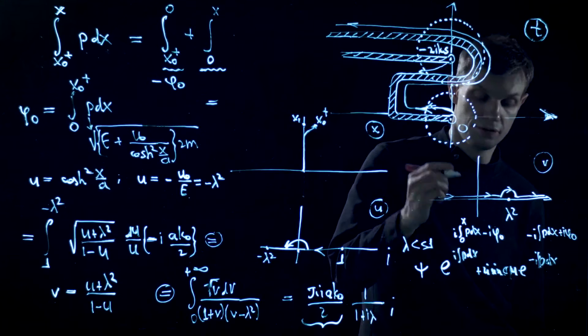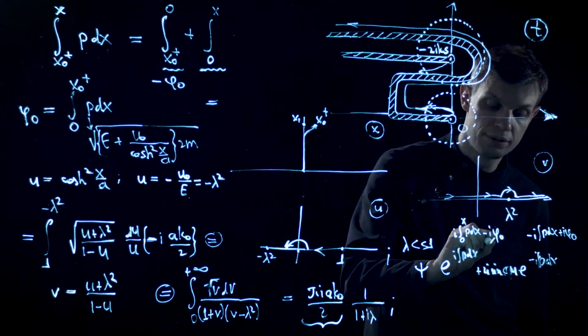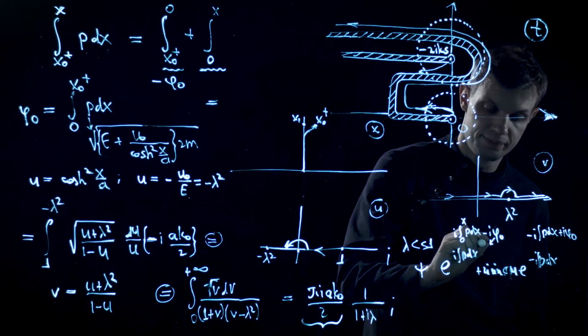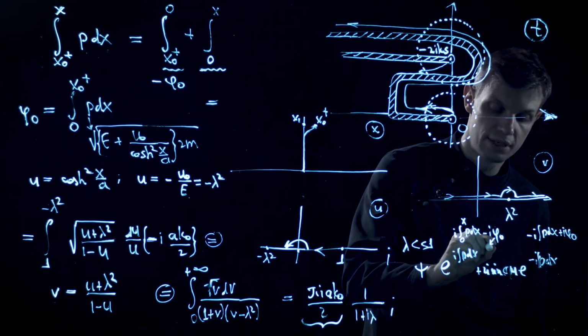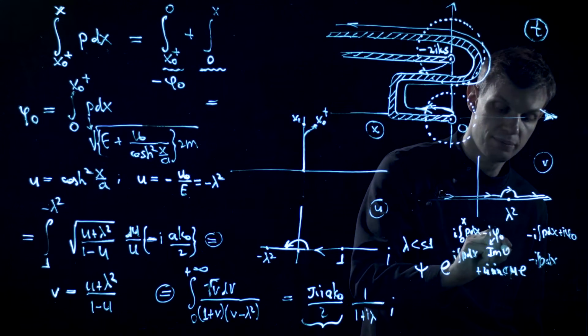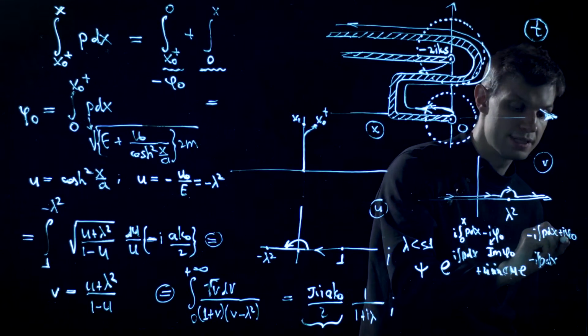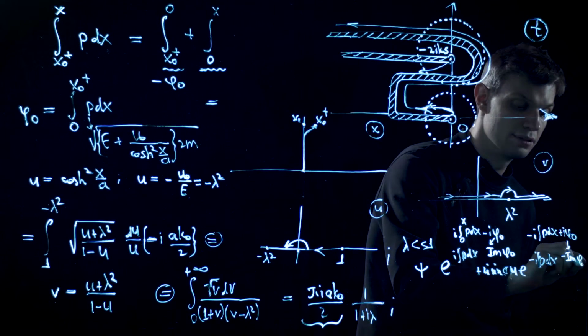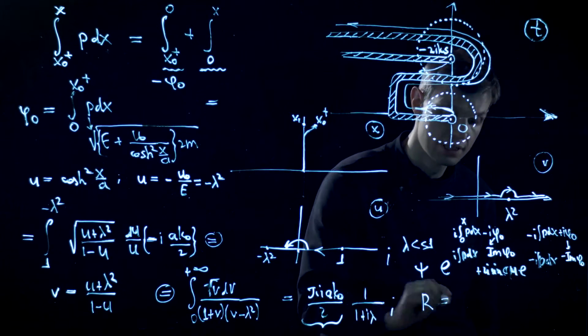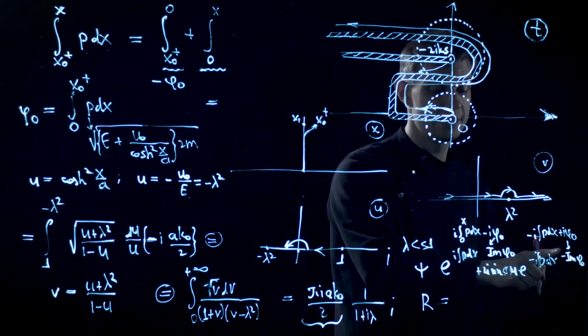So of course, the crucial role belongs to the imaginary part of this phase. The contribution is just plus the imaginary part of phi naught, and here it's just minus the imaginary part of phi naught. So as a result, for the reflection coefficient, of course, the amplitude is doubled, right?